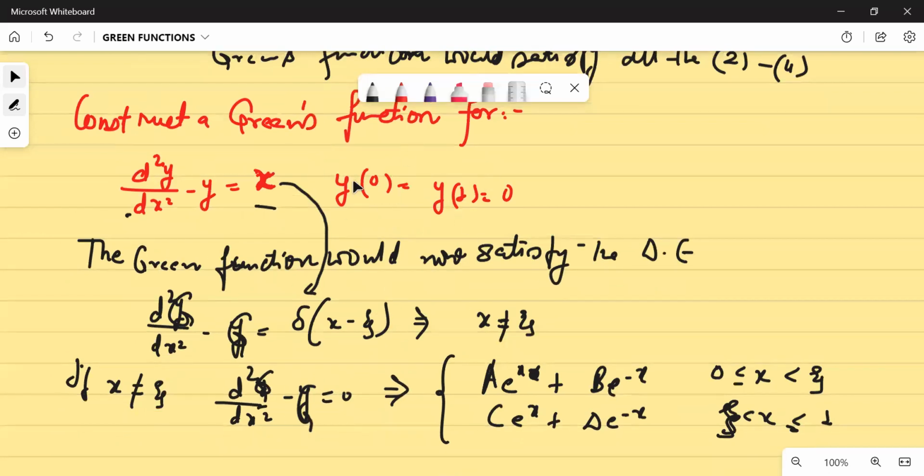Basically your differential equation is defined at least for all values between 0 and 1. Because the conditions are given on 0 and 1, that will decide these bounds. Is that clear?